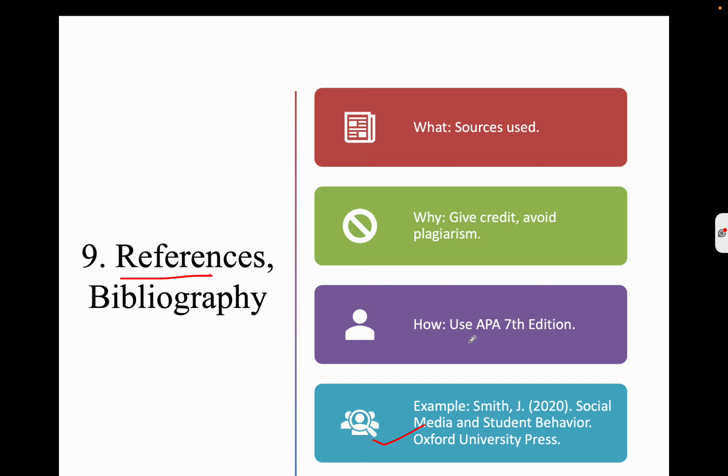Now you can use APA 7th edition and MLA style. There are different methods to write references, but references are very important. And this also avoids plagiarism. When you use someone's theory, or someone's idea, it is very important for you to give credit to that person.